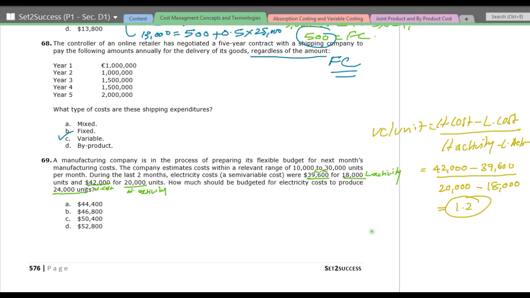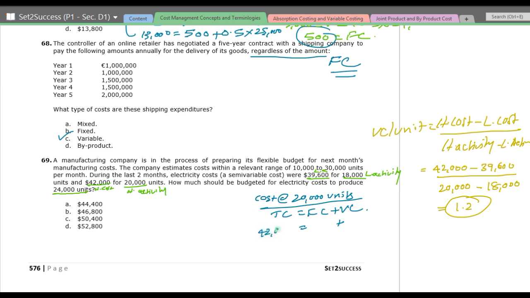So now let us find the total cost at 20,000 units. The total cost is equal to fixed cost plus variable cost per unit times units, and we need to find the fixed cost. Total cost for 20,000 units is 42,000.